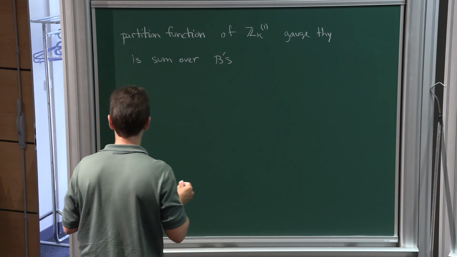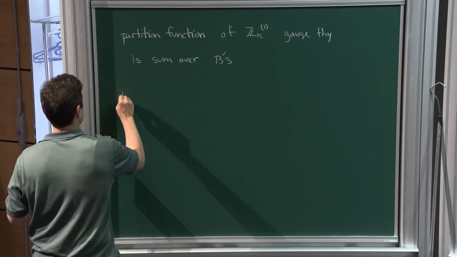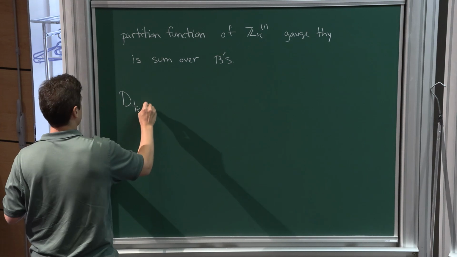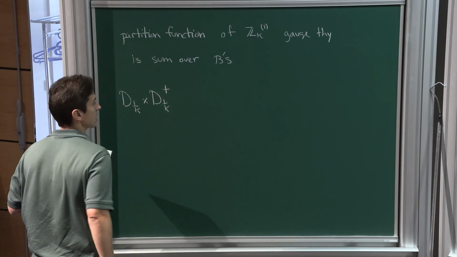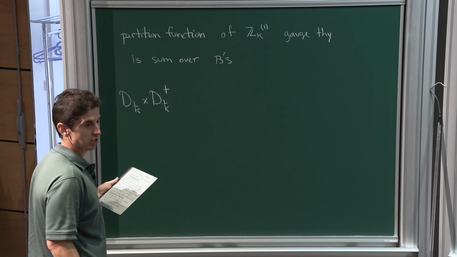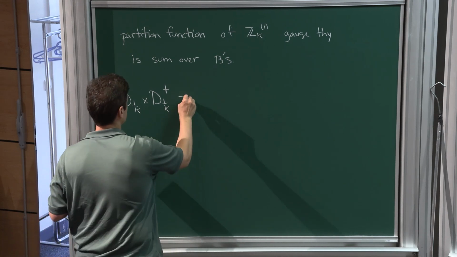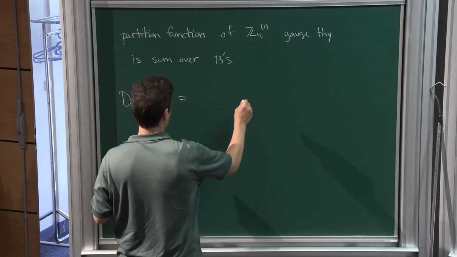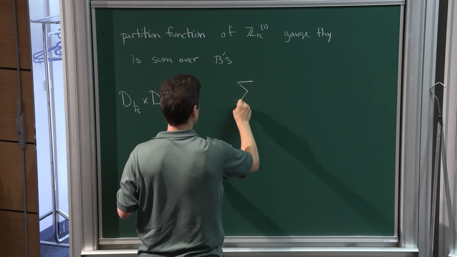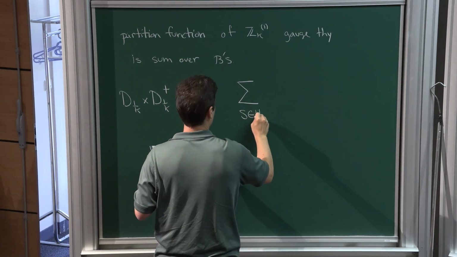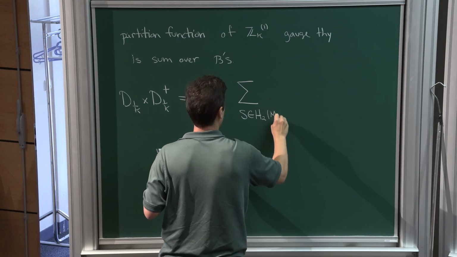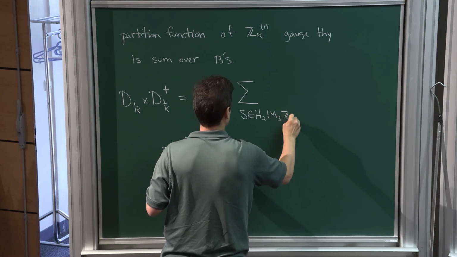So that's what's going to give us the fusion rule. That's what we needed to do. We needed to compute the partition function of this ZK one-form symmetry gauge theory on this interval. So there's a sum over S in H2 of M3 with coefficients in ZK.